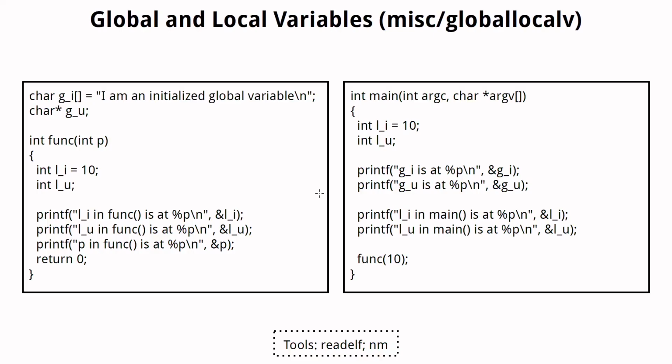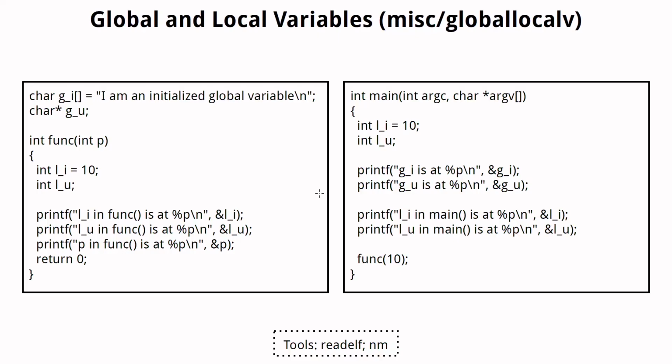Then the function func also has two local variables, li and lu. You can see that those two variables have the same names as the variables in the main function. Because they are defined in two functions, there is no conflict. Then in func, we print out where is p, where is li, and where is lu.